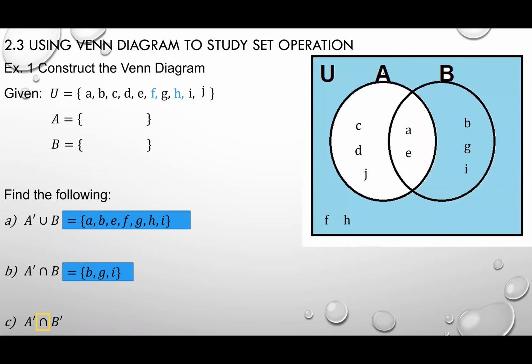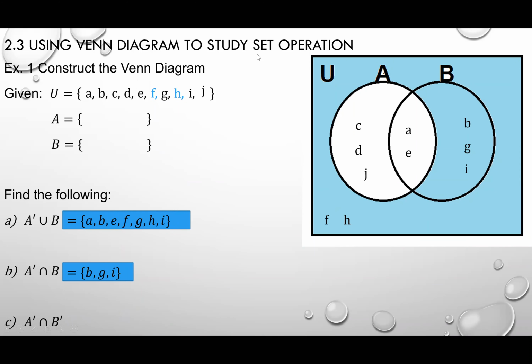Do you agree that my blue ink, this ink right here, is the item outside of A prime, right? This is what they asked me: give me the items outside of A, which is, do you agree that this right here is not in A, and this right here is not in A? And now they tell you whatever those items are, give me those items between these two items.